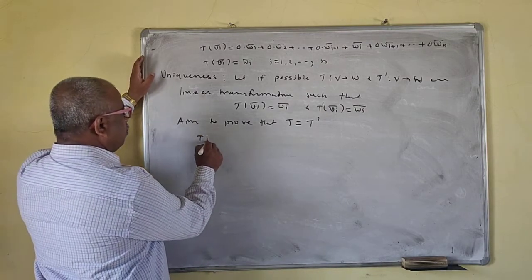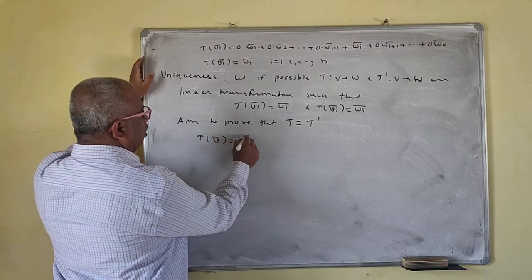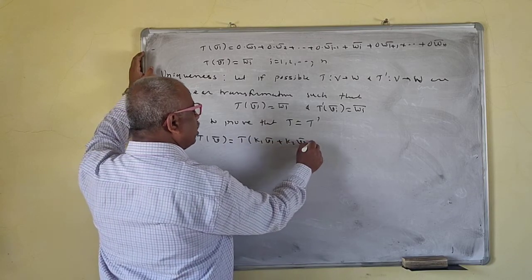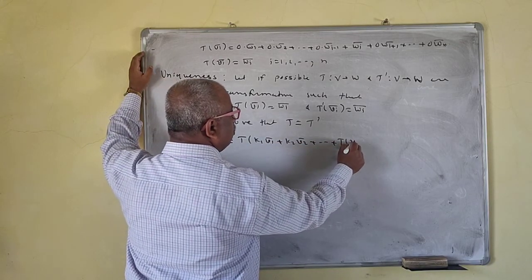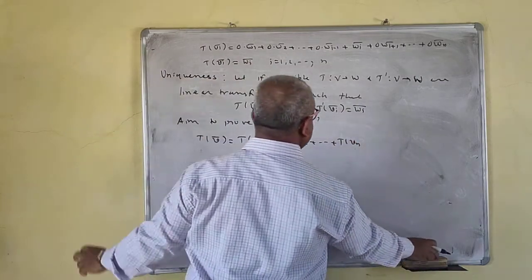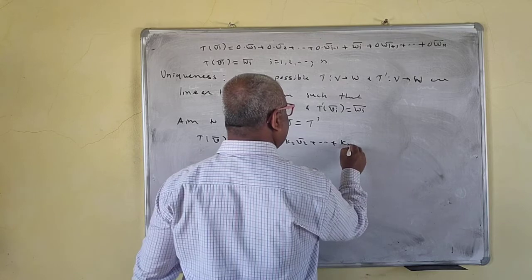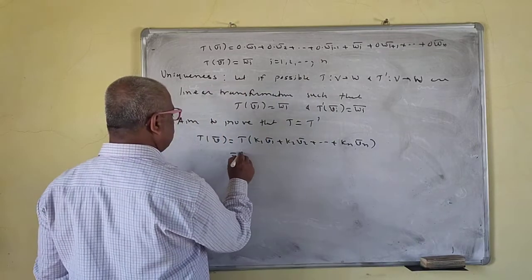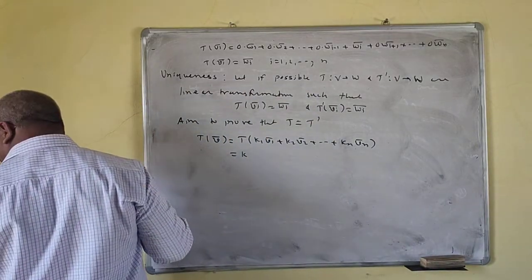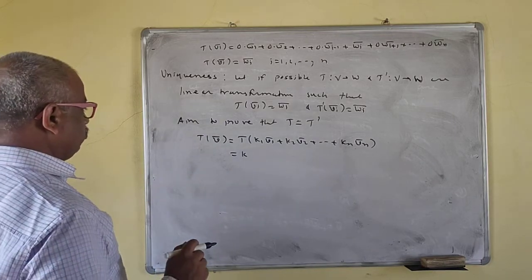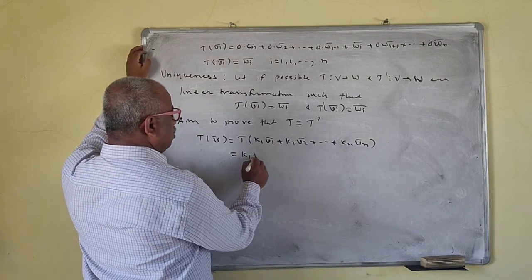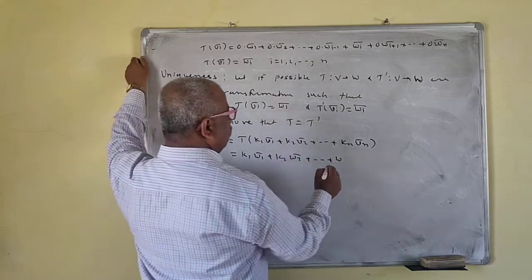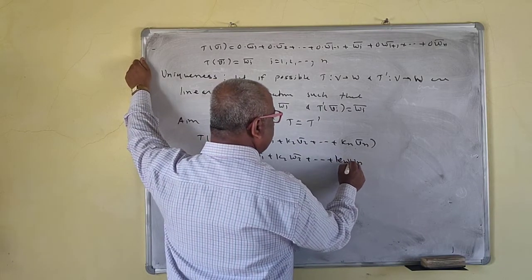Okay, so T of v bar is equal to T of k1 v1 bar plus k2 v2 bar plus dot dot dot plus kn vn bar. Okay, so this is same as k1 w1 bar plus k2 w2 bar plus dot dot dot kn wn bar.